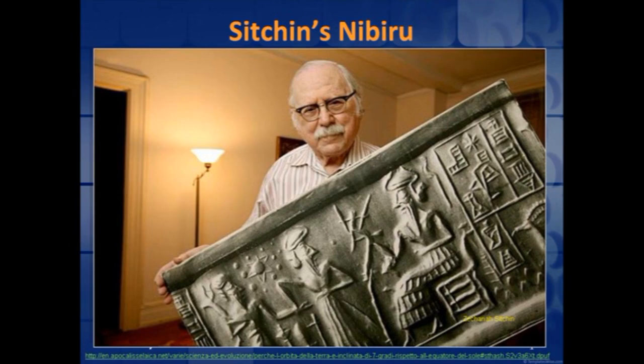And they then said that this planet came close to the Earth and caused certain problems in the solar system, and then it moved. It's in a 3,600 year elliptical orbit, similar to a comet's orbit.